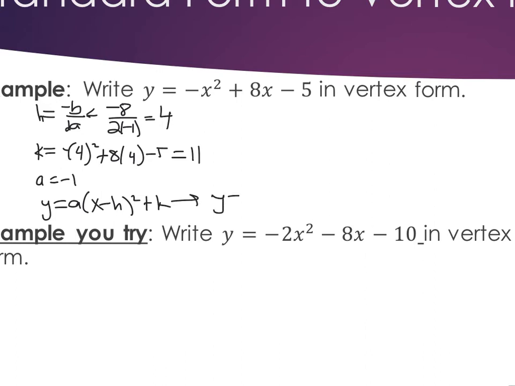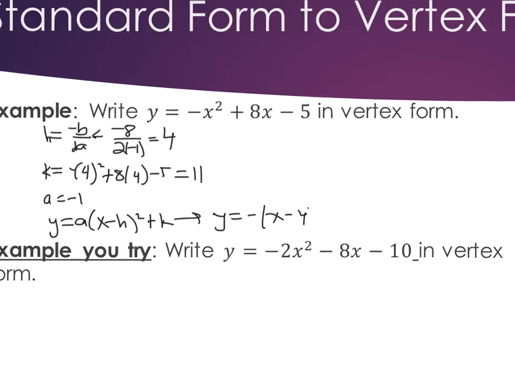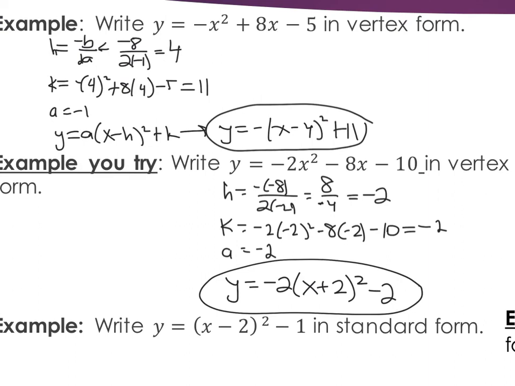So y equals -1 x... Hopefully you find that y is equal to -2 parentheses x plus 2 quantity squared minus 2.